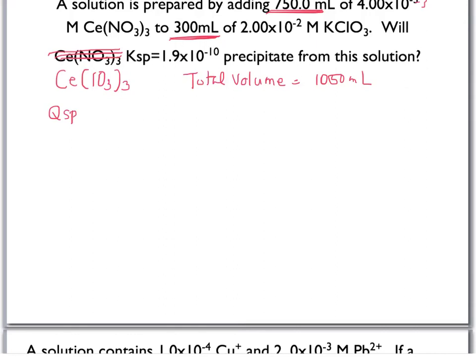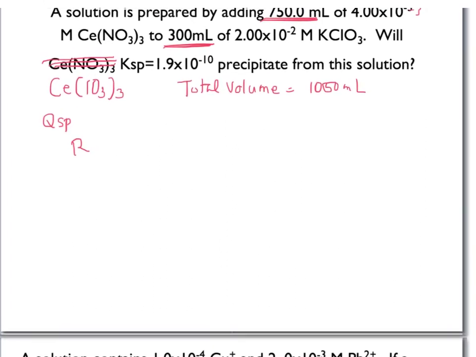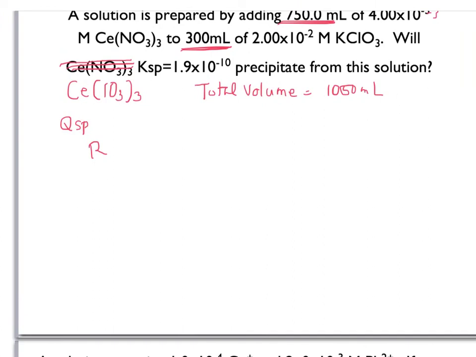Here's my reaction. Cerium iodate, Ce(IO3)3, is going to break down to form Ce3 plus and 3 IO3 negative.